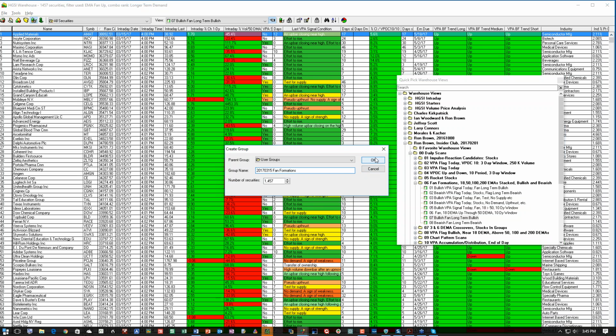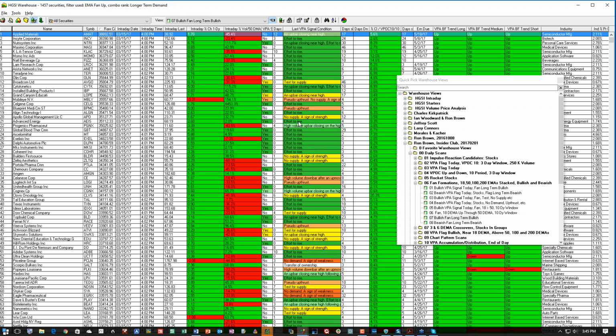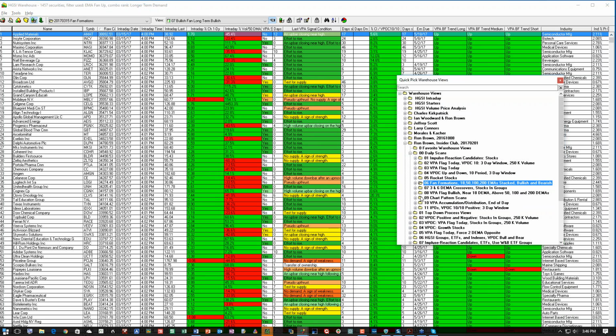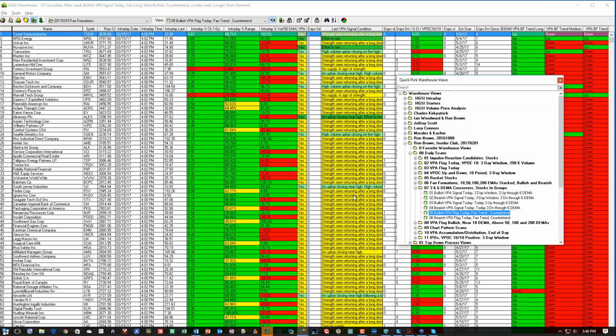There's 1,457 of them. So it's going to make the group. I do not need to generate an index for this. And now I'm going to go down to the next folder, and I'm clicking on number 5.